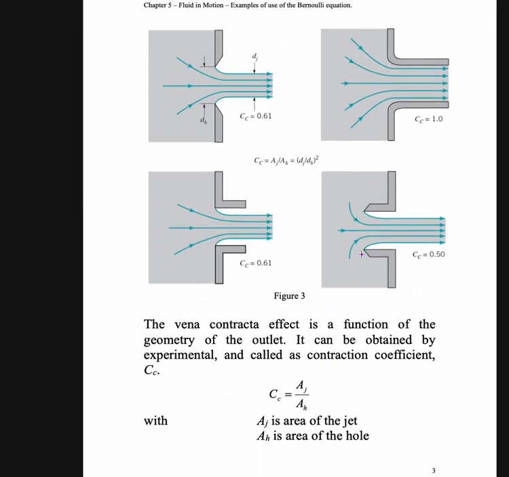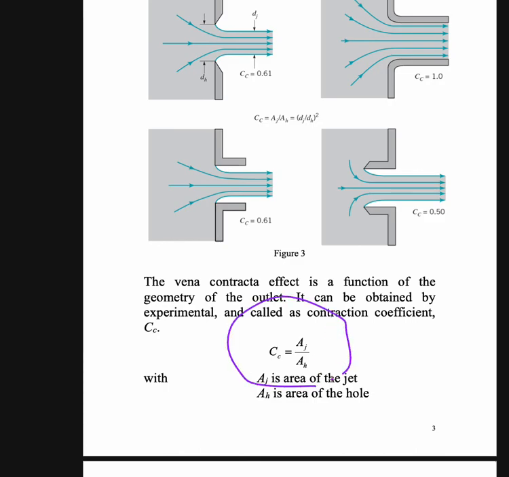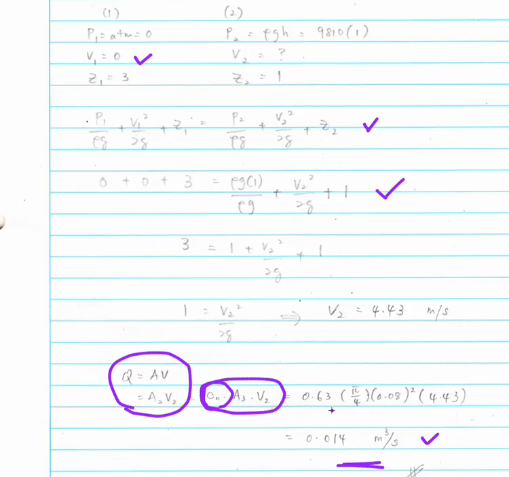It is the cross-sectional area of the jet divided by the cross-sectional area of the hole. So you need the Cc value 0.63 times the cross-sectional area of the hole, and then times the velocity. Now you could get the volume flow rate that passes through the hole, which is equal to 0.014 meter cube per second.